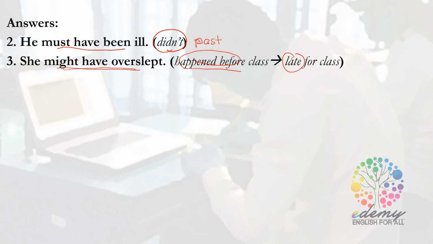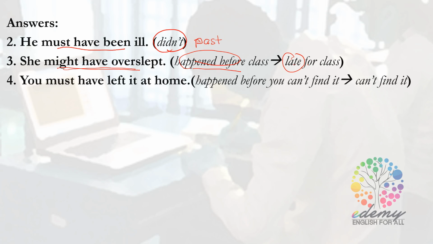We move on to the fourth question. I can't find my notebooks. And we have the words in the bracket, must, and leave at home. This sentence is similar to the third sentence. Like, you form the statement, you must have left it at home. So, you must have left it at home in the past.